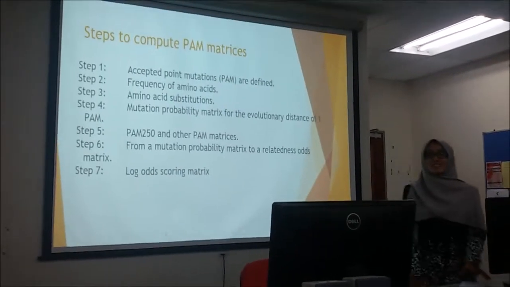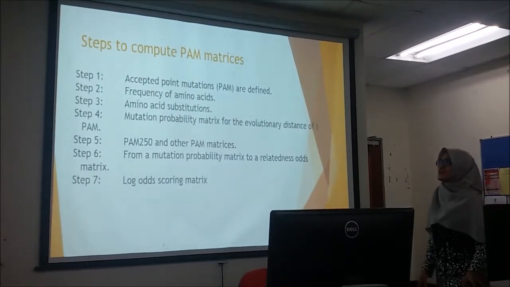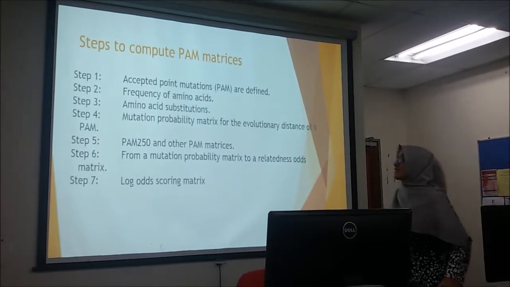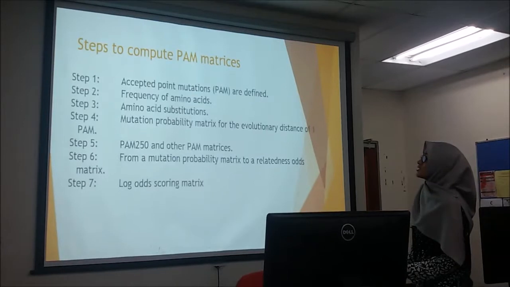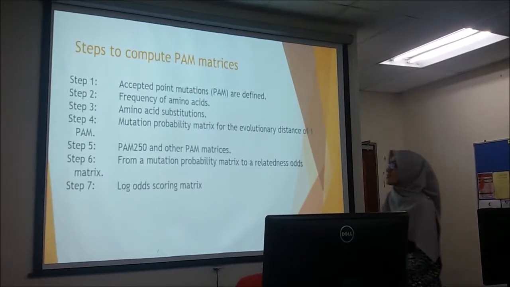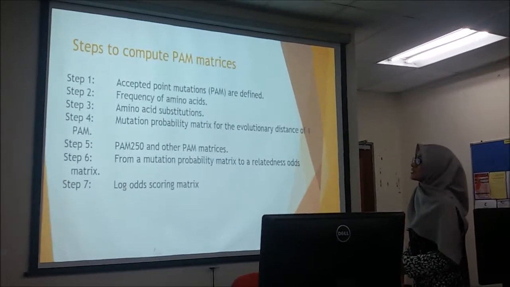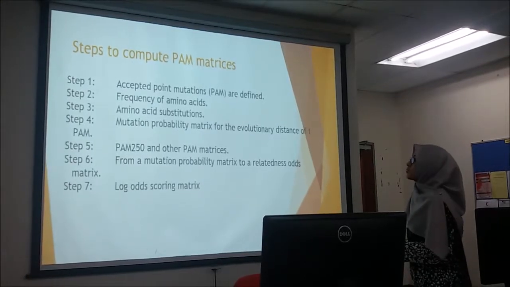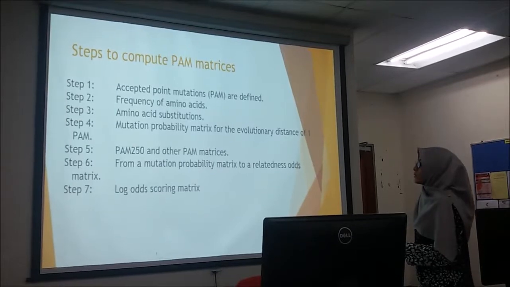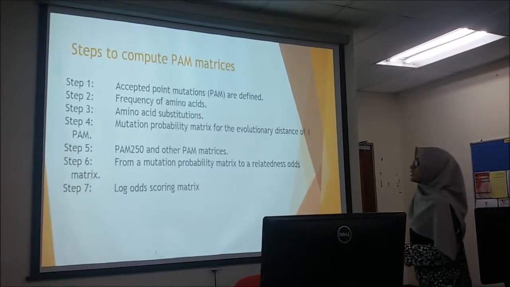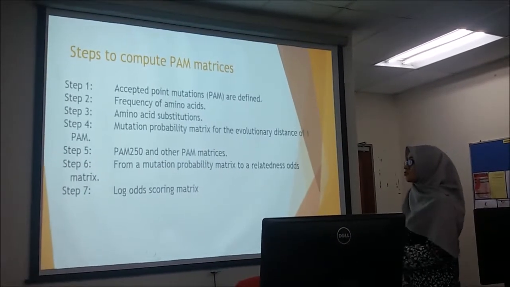Hi, I'm Najibah, and I will continue on what you have explained. So we will proceed to the steps to compute PAM matrices. There are 7 steps to compute PAM matrices. Step 1 is accepted point mutations, PAMs are defined. Step 2, frequency of amino acids. Step 3 is amino acid substitution.